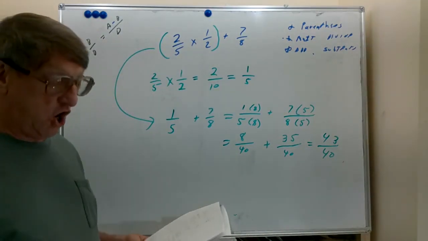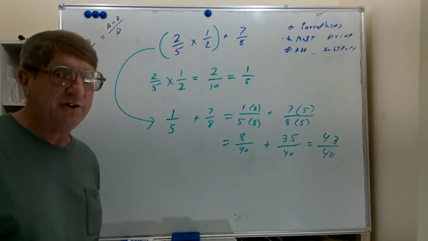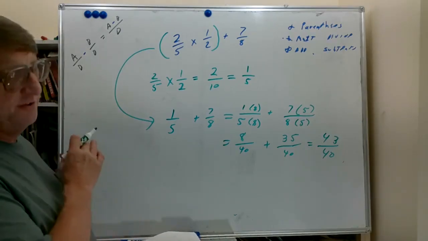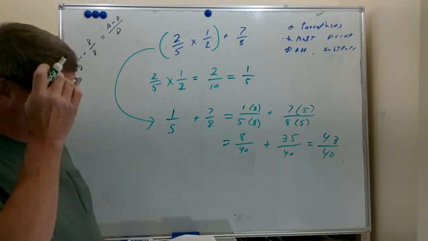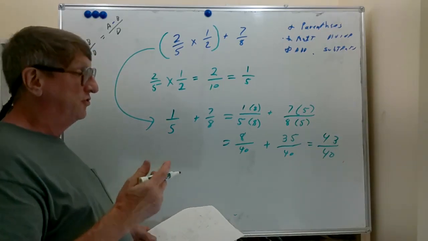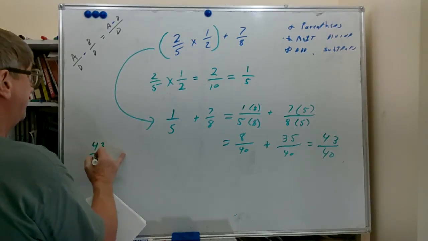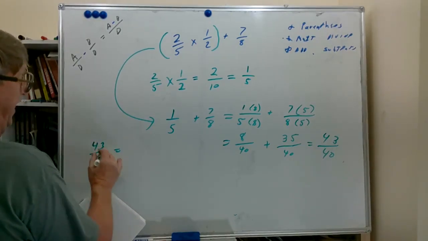This is what they like to call an improper fraction. Now, I don't like the term improper fraction because it's mathematically fine, but we are not used to seeing it that way, and we often write them as what's called a mixed number. So let's take this 43 over 40, and let's write it in a different way.